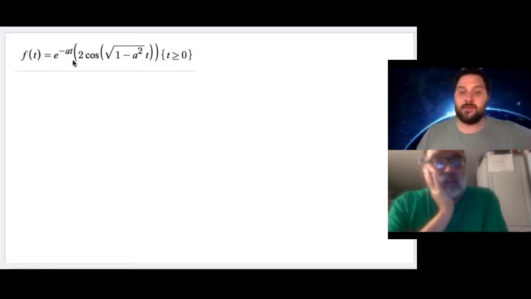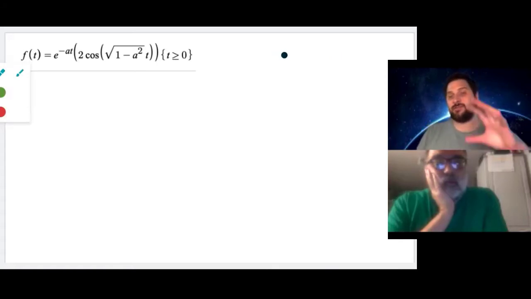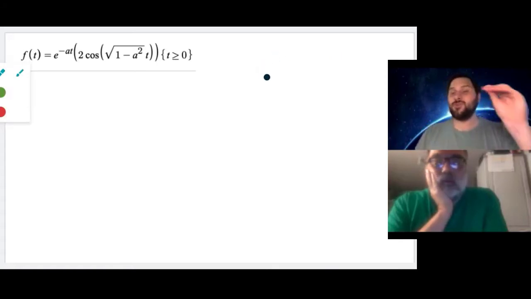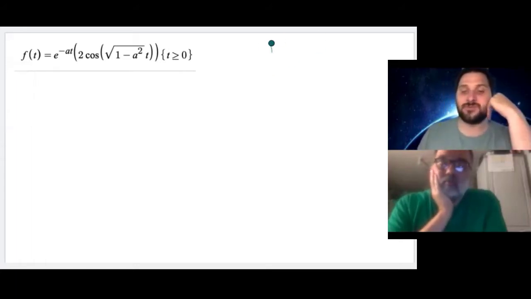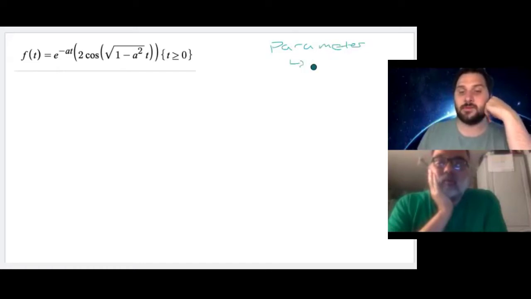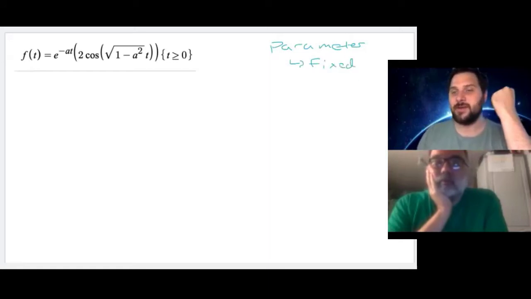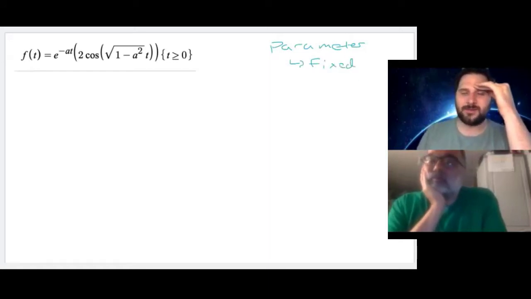The way I like to say it is that parameters are things that don't change. You can change them, but once you change them, they're fixed. They're choices that you make, but once you make them, they are fixed. I tell my students to think of them just as numbers, numbers you don't know. That's a little weird because they're used to thinking of variables as unknown numbers.